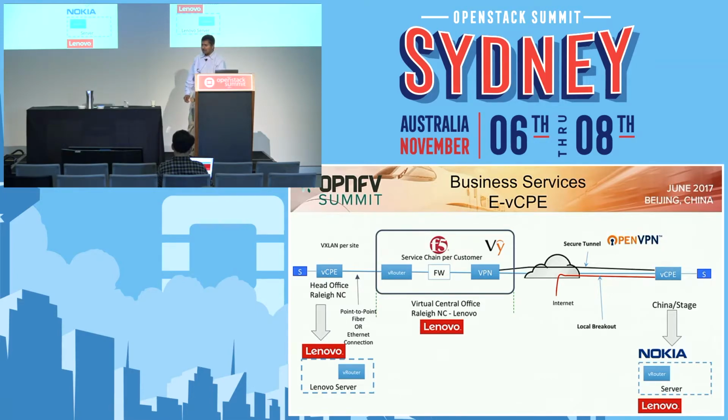So on the business services side, this is what we ended up doing. You have that box that you see, which is the OpenStack install with a bunch of VNFs that go there. You have a VPN tunnel that's terminated, coming in from China. We had some interesting challenges trying to create that VPN tunnel from China because of the Great Firewall of China, right?